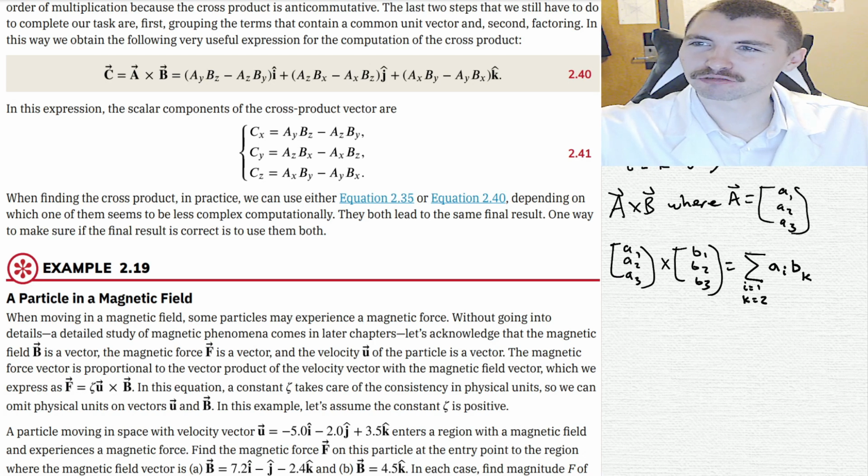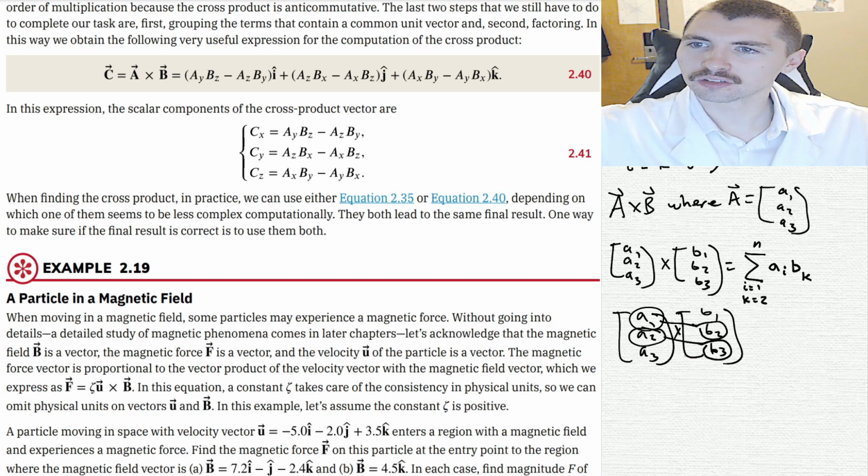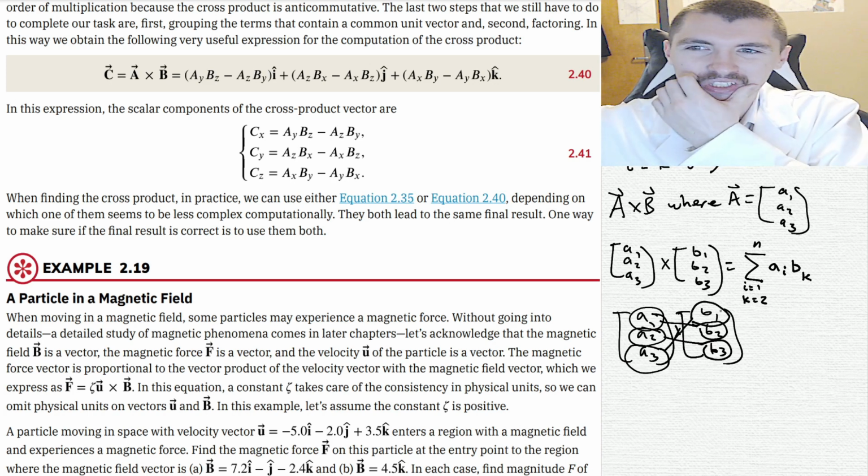I don't know how to write it, but let me just spell it out. So it's going to be A1, A2, A3 cross B1, B2, B3. So it's going to be this plus this, and then this plus this, this plus this. If that makes sense.